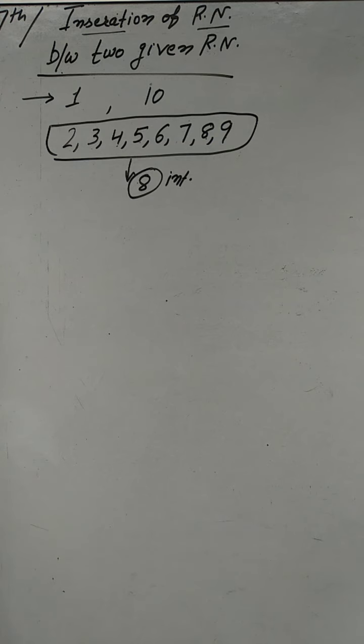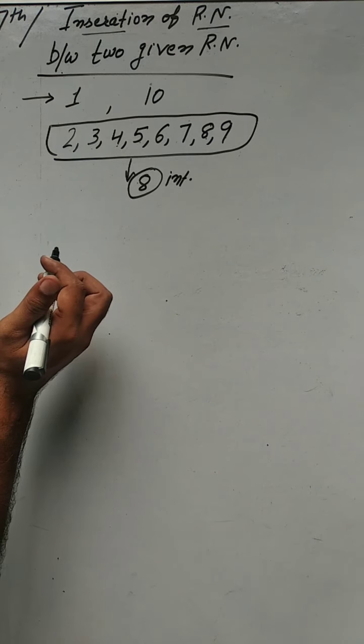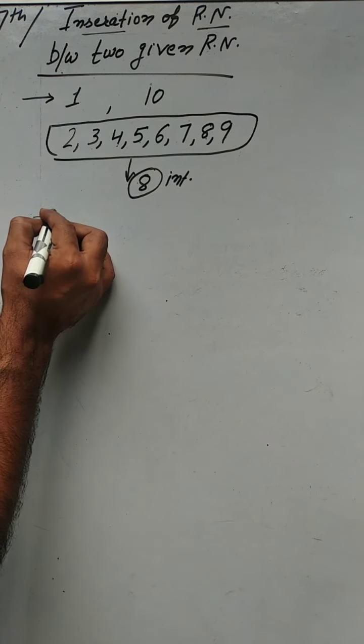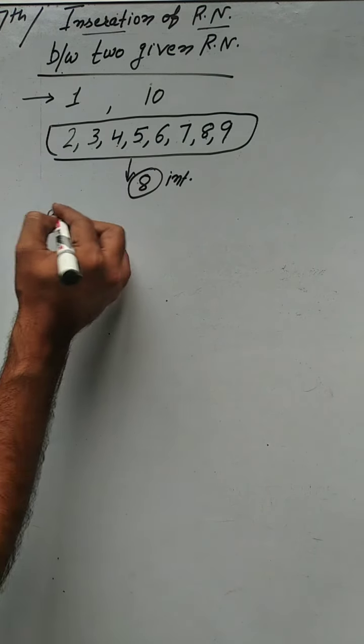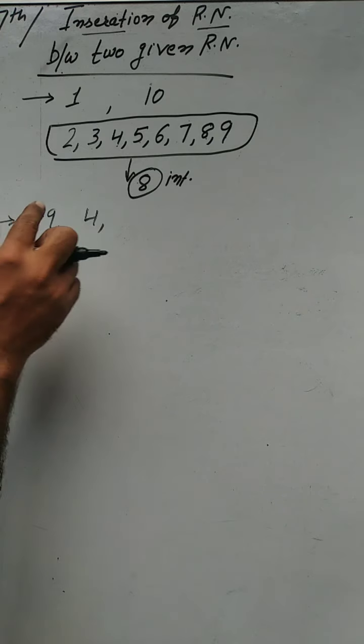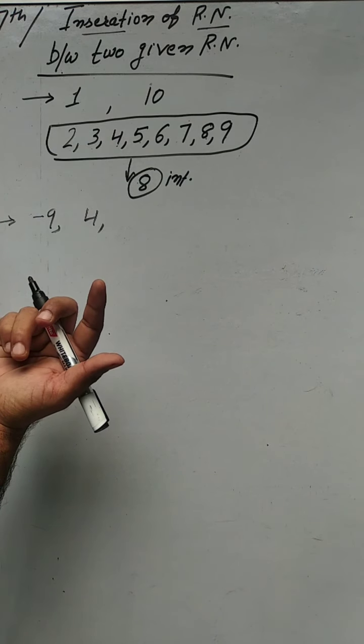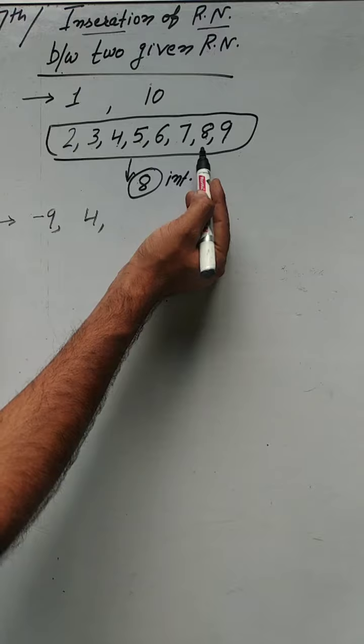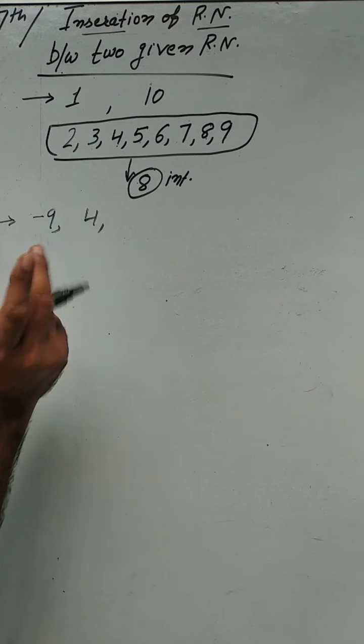Similarly beta, if you have two integers, minus 9 and 4, and you are asked to find the number of integers between them, then on the number line we can easily check.